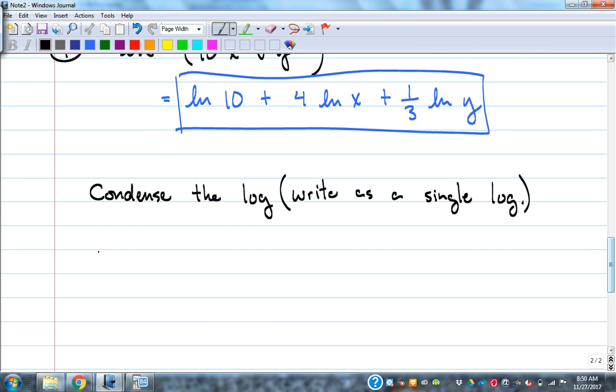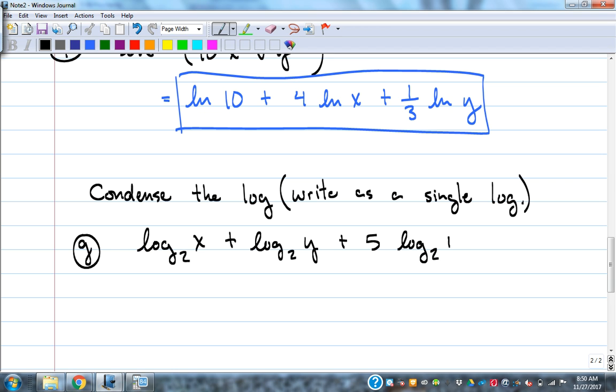So condense. All right. So we're going to give you one that's expanded already. Log base 2 of x plus log base 2 of y plus 5 log base 2 of w. So condensing this, you've got to look at the operations that are happening. You've got addition, multiplication out in front by a number, and think, okay, so addition turns into multiplication. This 5 out in the front really came from where?